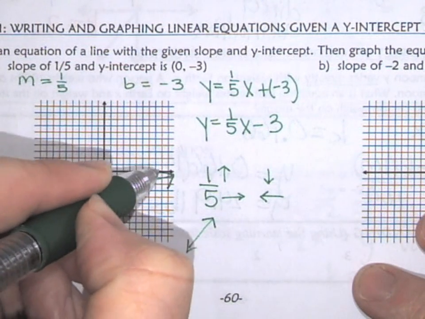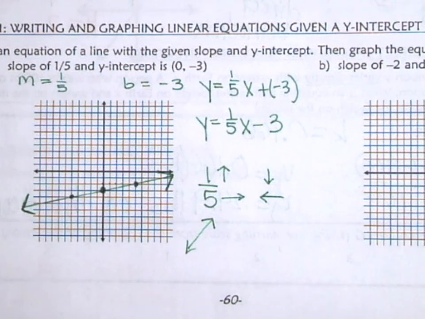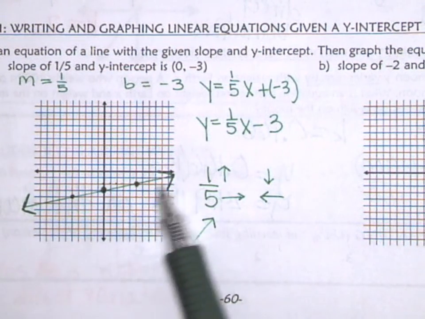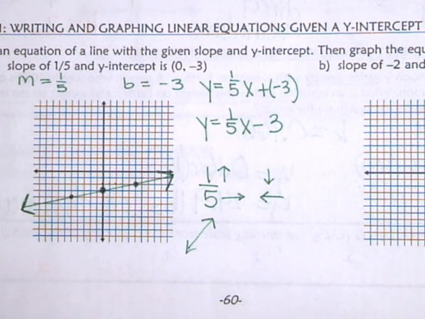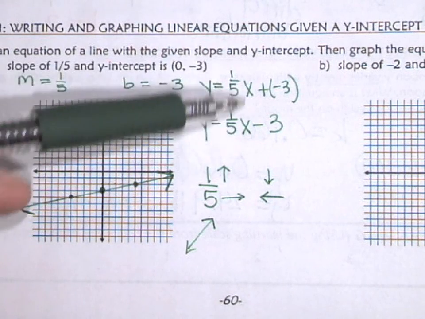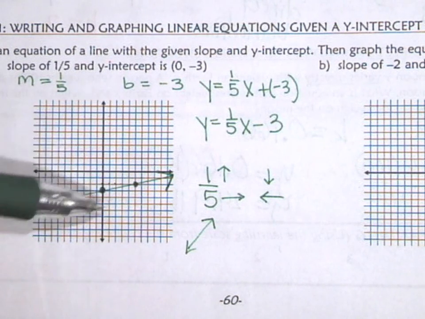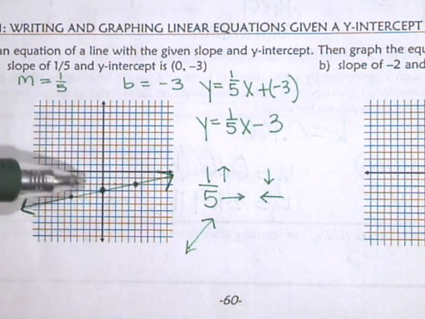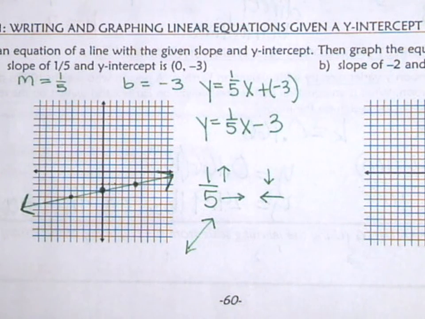Because it is an equation and a line, you want to put arrows at the end. Notice my line extends beyond the points here to the edges of my graph to show that it would continue, and it's not just connecting those points, because I can get many, many values for x, and they would all be true. So I can go up and to the left, up and to the right, or down and to the left for a positive slope.